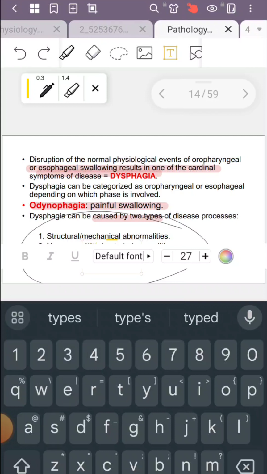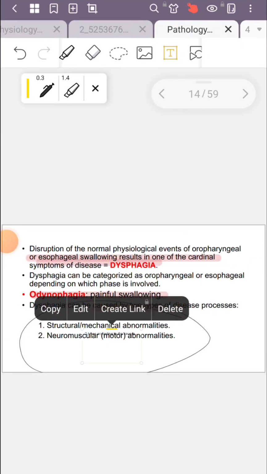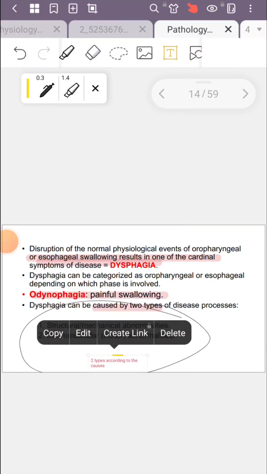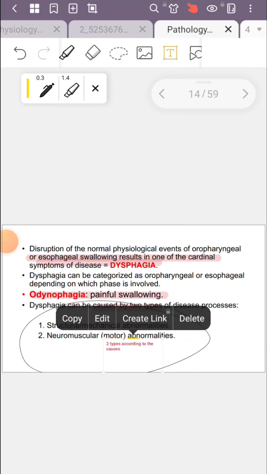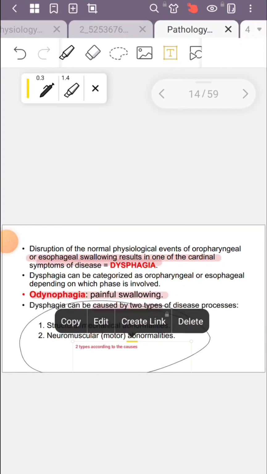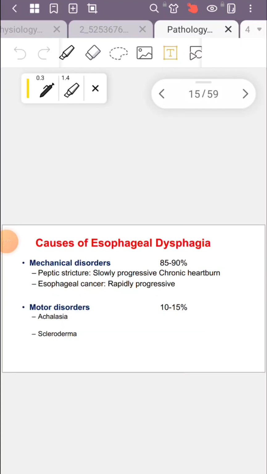Mechanical disorders are anything mechanical: mass, esophageal web, esophageal stricture, esophageal atresia, and cancer also. Whereas the motor or neuromuscular causes are mainly achalasia and scleroderma, which is a connective tissue disorder.